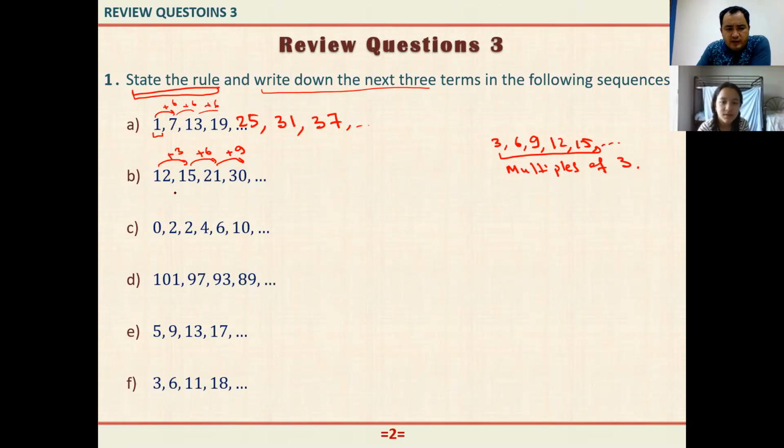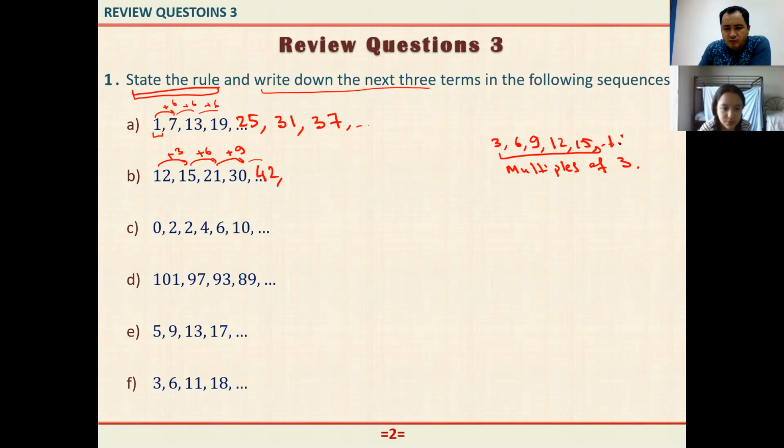So what is the rule here then? Start with 12 and add multiples of 3 to get the successive terms, right? Multiples of 3. So first we add the first multiple, the second multiple, the third multiple. So now we need to add the next multiple, that is 12. 30 plus 12, that is 42.